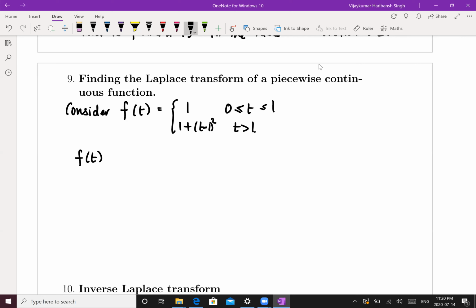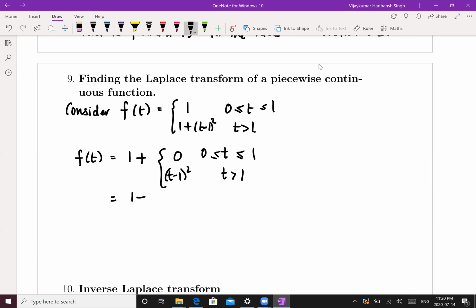So this function can be written as the constant function 1 for all t, plus a function that is 0 when t is between 0 and 1, and (t minus 1) squared for t greater than 1. Now the reason for doing that is that you can bring in the step function.